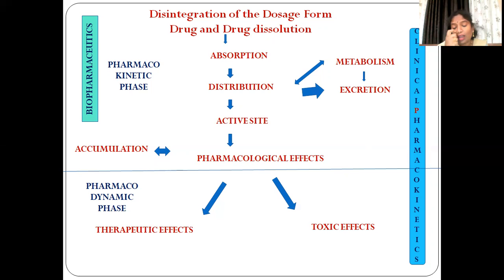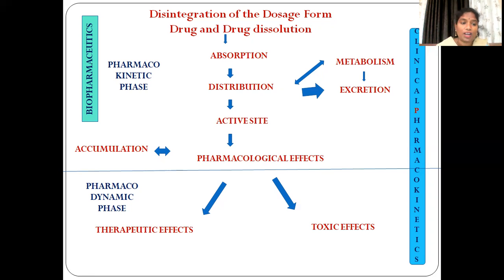Toxic effect means the adverse reactions or side effects it causes. Absorption, distribution, metabolism and excretion we call the kinetic phase: from administration site to elimination site, the drug is moving from one part to another part. That's why we call it pharmacokinetics.